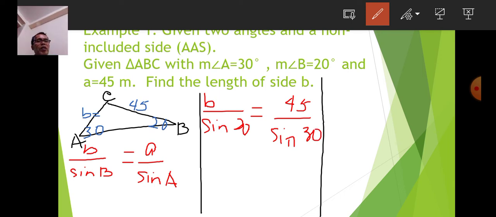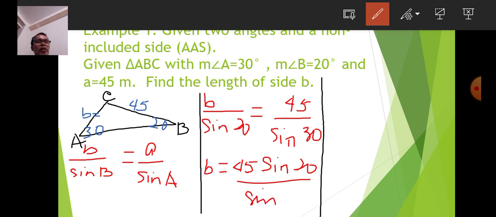So cross multiply, you will now have B is equal to 45 times the sine of 20 over the sine of 30.